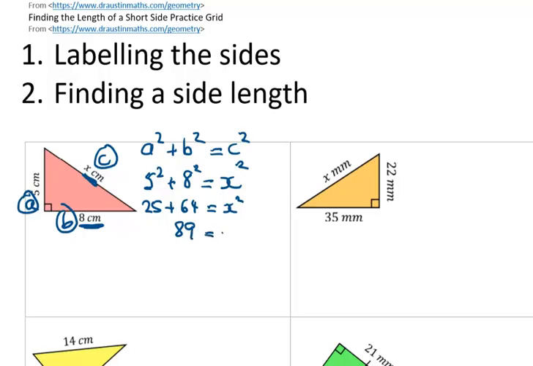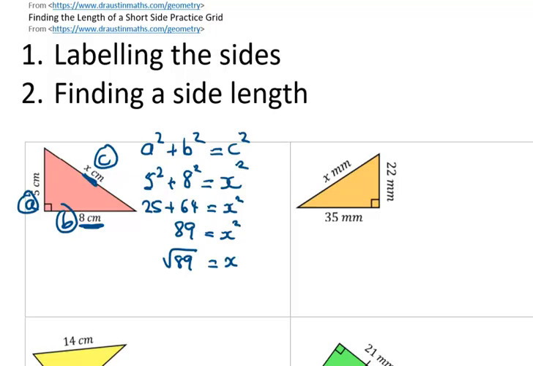So x squared is 89. I take the square root of 89, and that's my x value. Now I know that it's got to be a positive number, so that's why it's the square root of 89, not negative the square root of 89, and it's got to be centimetres.